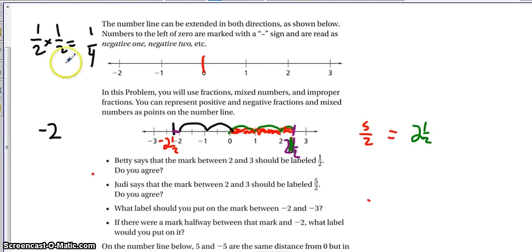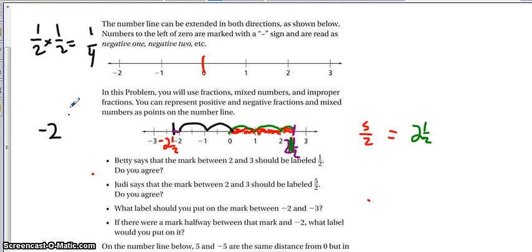So because we have 1/4 of that distance and we are on the negative side, then our fractional label for this mark right here is -2 and 1/4. And now my pen quit working, so we're going to go with -2 and 1/4 with the mouse, and it's not going to work either.